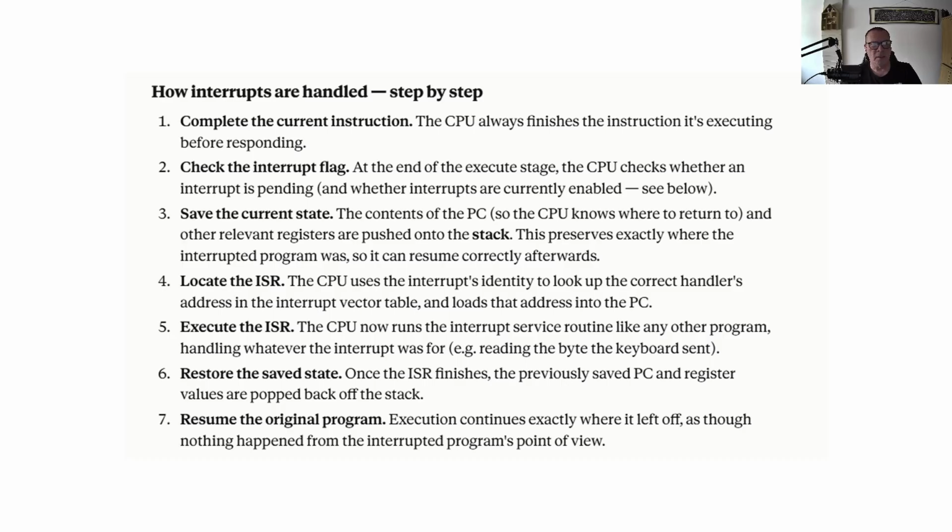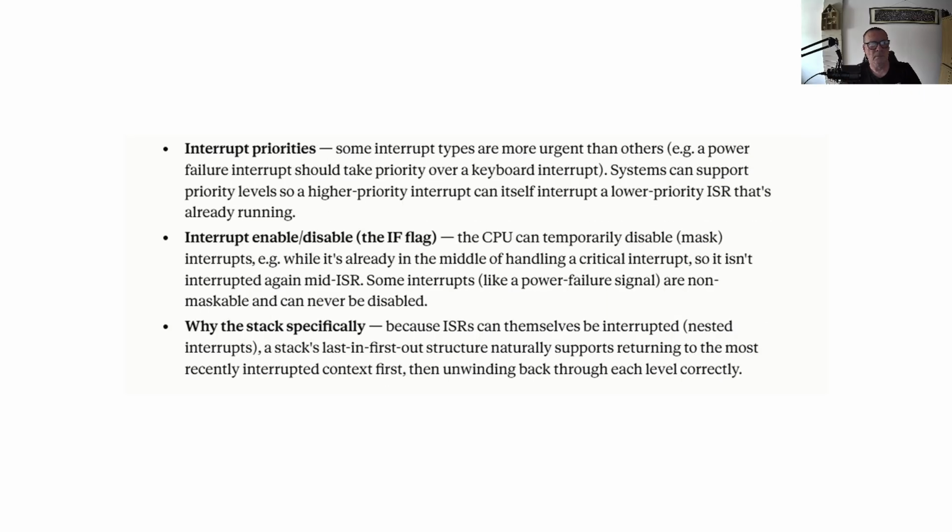We find the correct interrupt service routine. We pass control to that interrupt service routine and execute it. And once that's finished, we can restore the saved state, the most recent state on the stack, and that will be resuming the original program.